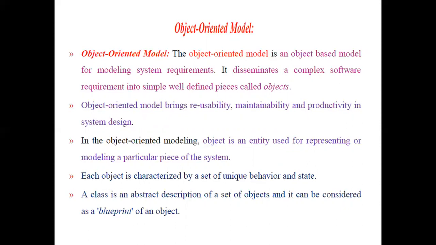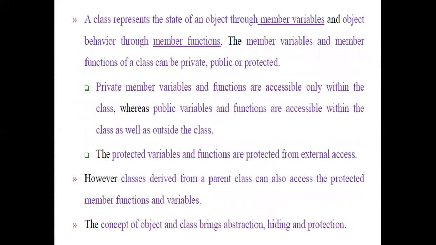In object-oriented modeling, an object is an entity used for representing a particular piece of the system. Each object is characterized by a unique behavior and state, and a class is an abstract description of a set of objects, which can be considered a blueprint of an object.